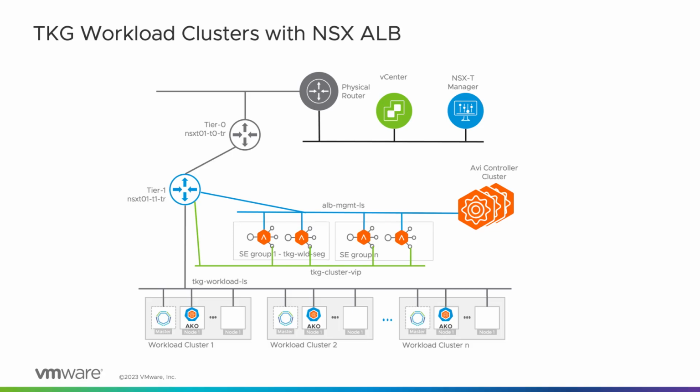In order to define this configuration, a custom object is defined on the TKG management cluster called the AKO deployment config. This object contains details of the NSX Advanced Load Balancer configurations we want to utilize, as well as a label configuration.